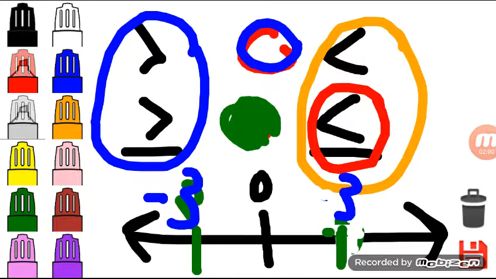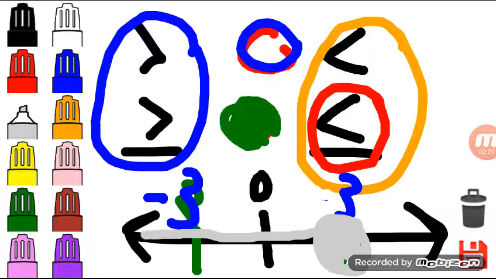You'd create a circle around it, and since it's equal to, you'd fill in that circle. It doesn't have to be as big as mine; I'm working on a small surface. To show that it can go behind 3, like less than 3, all you have to do is draw a line on the number line. Make sure you include the arrows, so you know that it goes past what's on the number line, until eternity, whatever numbers are behind 3 you can use.